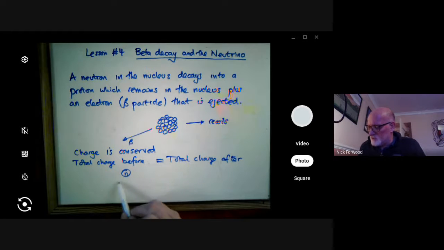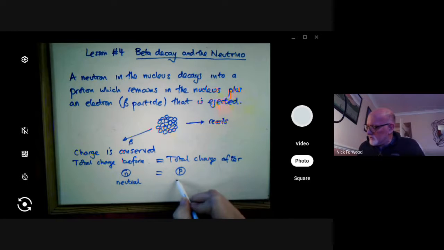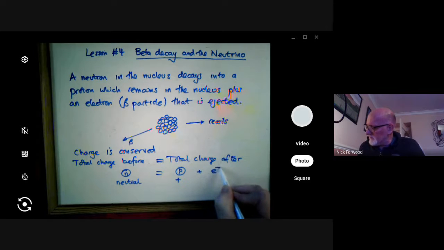which is obviously neutral. So if the charge before is neutral, we must have the total charge afterwards also neutral. Well, how does that work? Well, we have a positive proton and a negative electron. Can't write e minus inside a tiny dot, but its charge is negative.